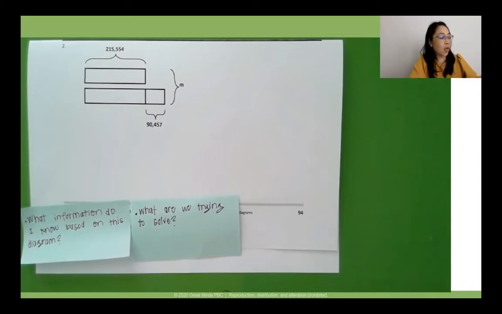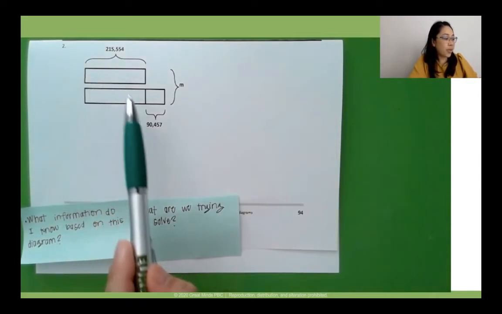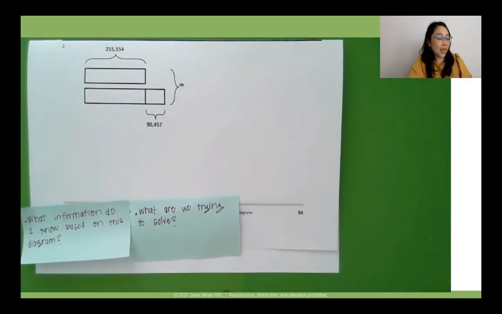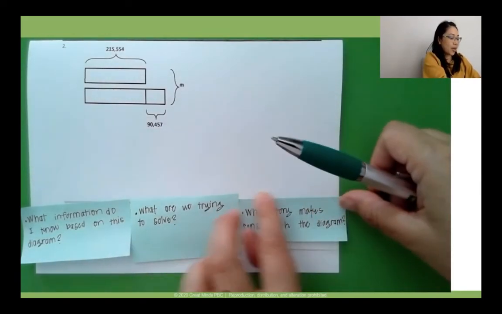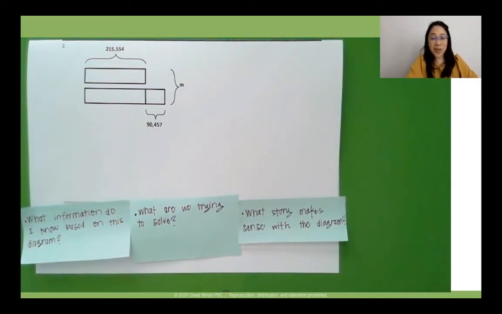We are trying to solve the value of both tapes. This is indicated with the variable m. Next, I'd like you to pause the video here. And when you do, I'd like you to come up with a story that makes sense with this diagram. We'll compare stories when you get back.